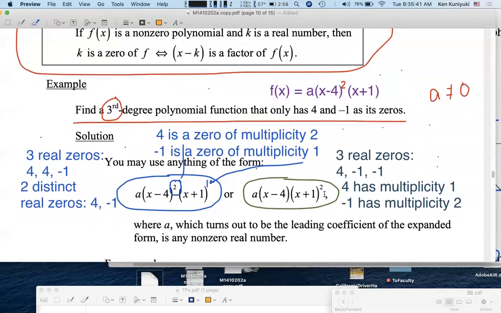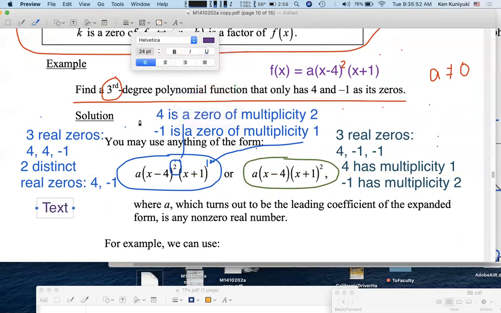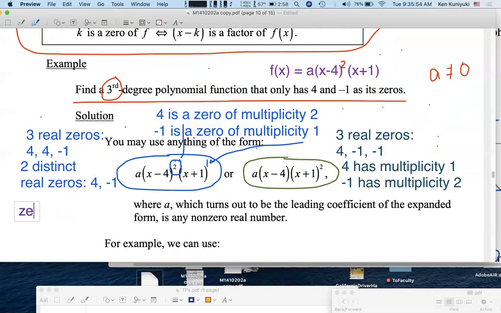Now, why do we care? Because of the following principle. If you have a real zero of odd multiplicity like 1, that means that at the x-intercept, remember, real zeros correspond to x-intercepts, you get a cut there.